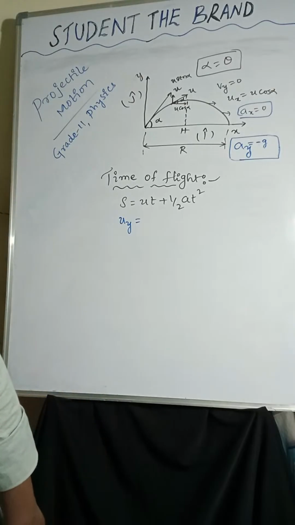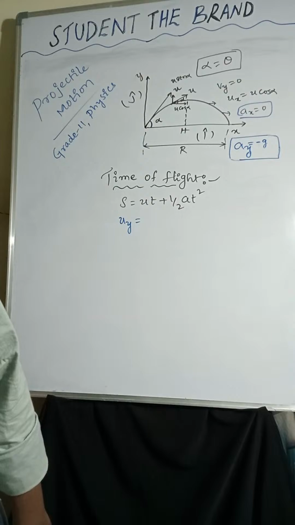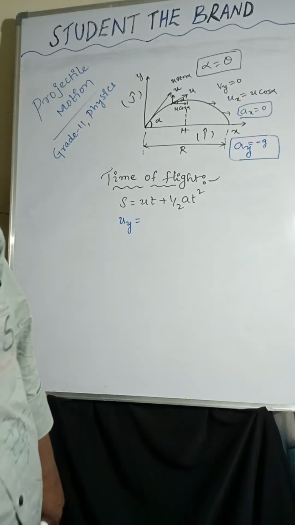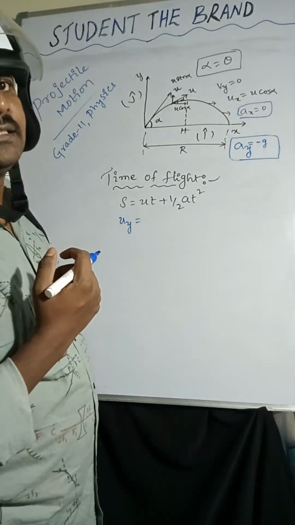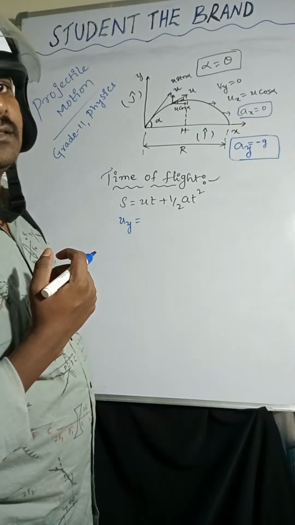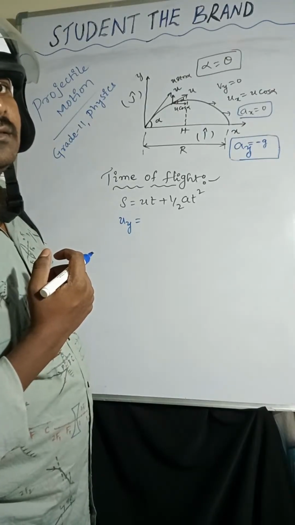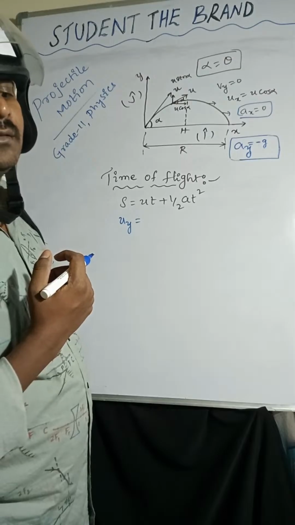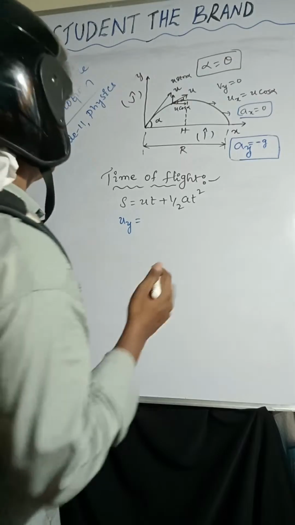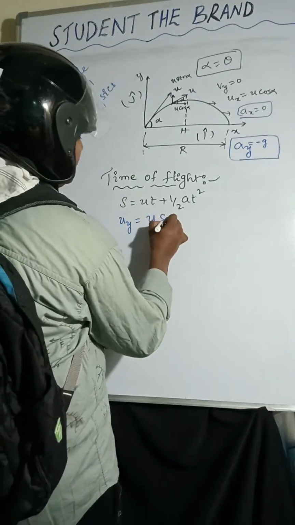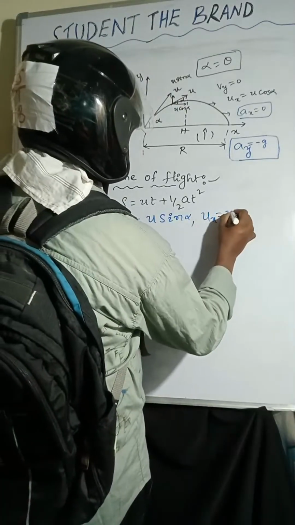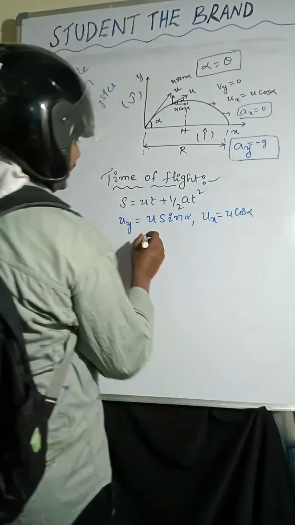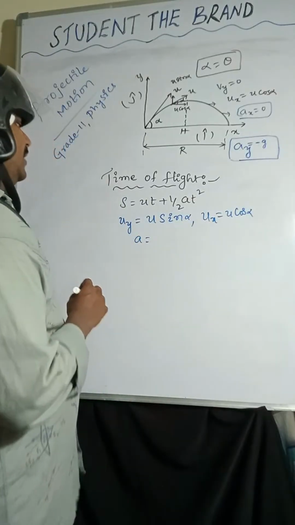Uy equal to u sin alpha, and ux equal to u cos alpha.